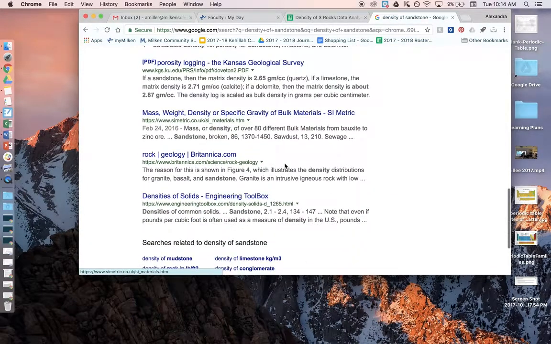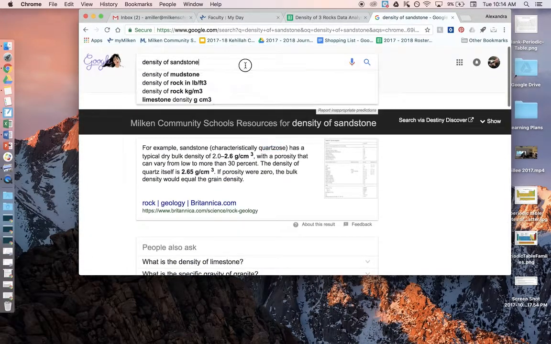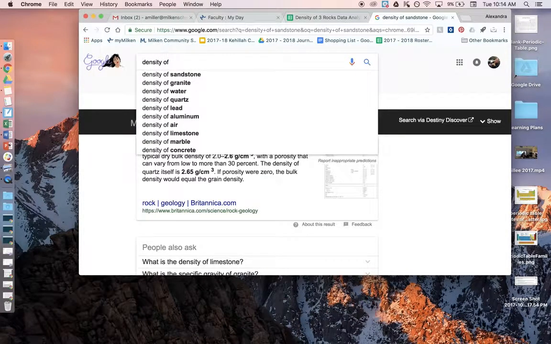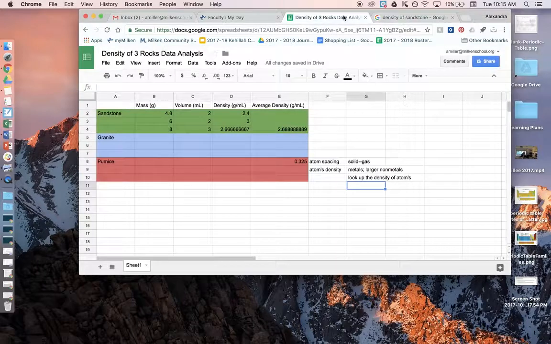I can't see it just looking at this actual image here, but you might see something like, oh, maybe it's made of Na, or maybe it's made of aluminum, or maybe it's made of silicon and oxygen, SiO2, that's what quartz is. Those are atoms. Those are in the periodic table of elements, and you can look up the density of those atoms and decide, is that explaining why these have different densities? All right, that's all I have for you on this little screencast, and good luck.